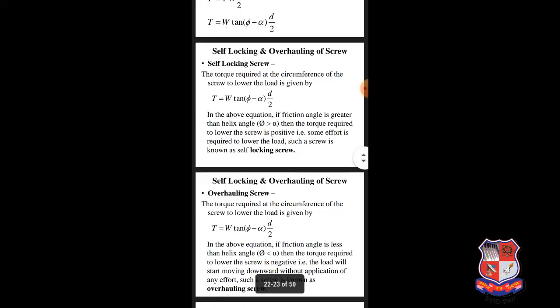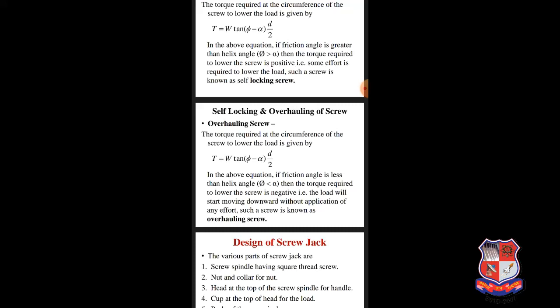Such a screw is known as a self-locking screw. Again, in the same expression, if the friction angle is less than the helix angle, that is phi less than alpha, then the torque required to lower will be negative, so the load will start moving downward without application of any effort. Such a condition is known as overhauling of a screw.